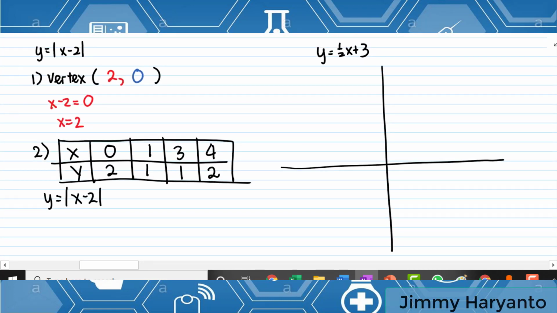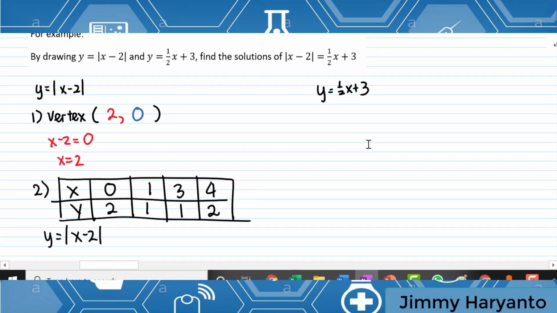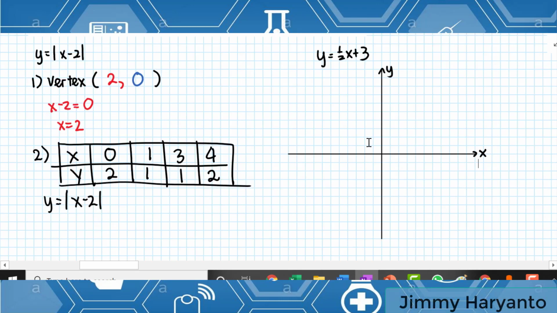For this part, you have to draw it accurately. If not, you cannot solve it. So I think you will need your graph paper. Okay, I have this graph paper. I will plot 0, 2, which is right here, and 1, 1 is right here. 3, 1 is right here.